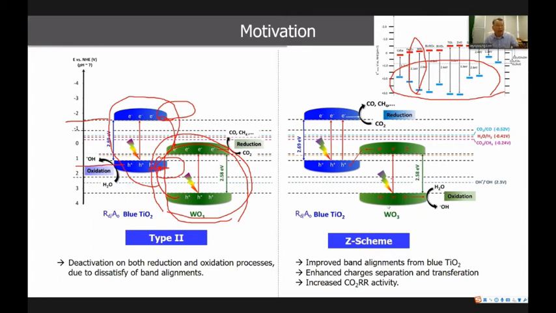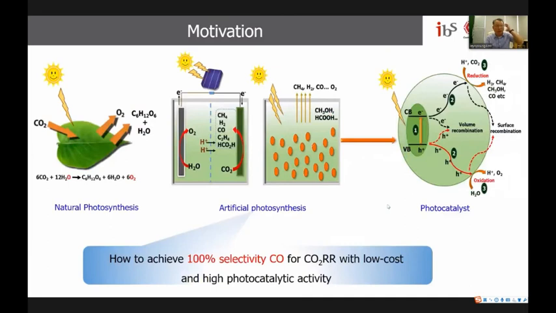So we are dreaming of having a Z scheme. With a Z scheme, the charge separation between the conduction and valence bands is much larger compared with this type 2. So we are trying to figure out whether this is working or not.